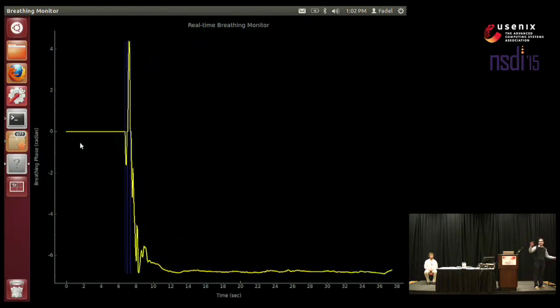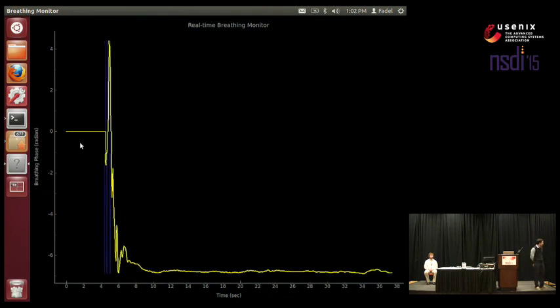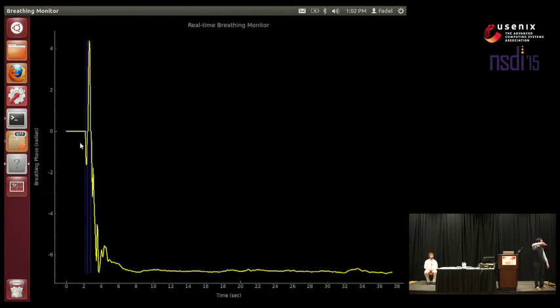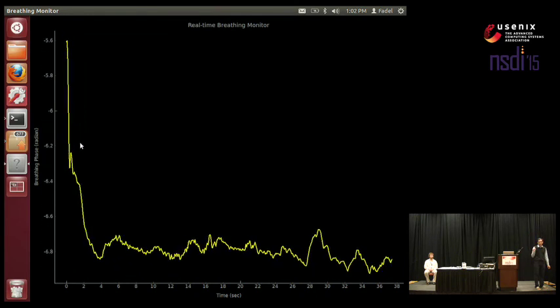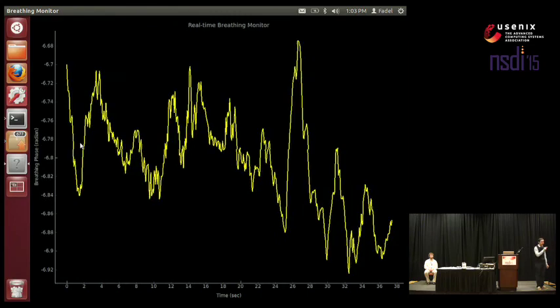Sorry, this is going to take some time because of the window. Okay. So the large increases and decreases in the signal are actually due to his breathing. We can now see his inhale and exhale.